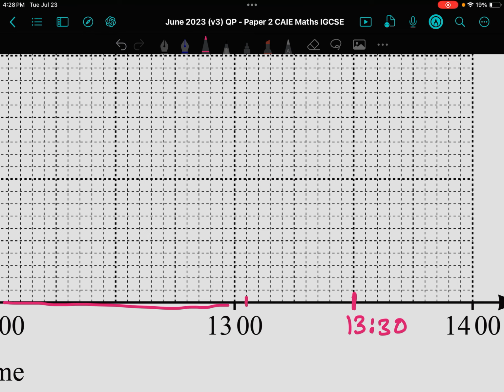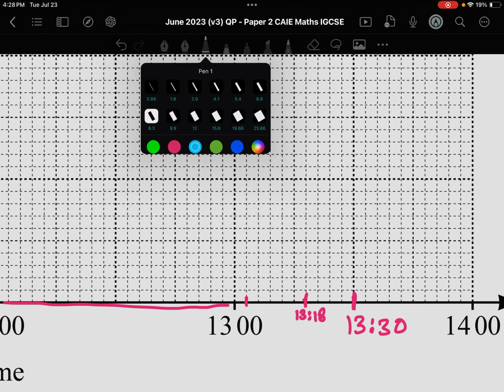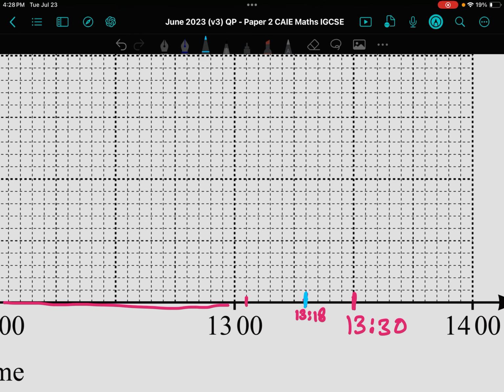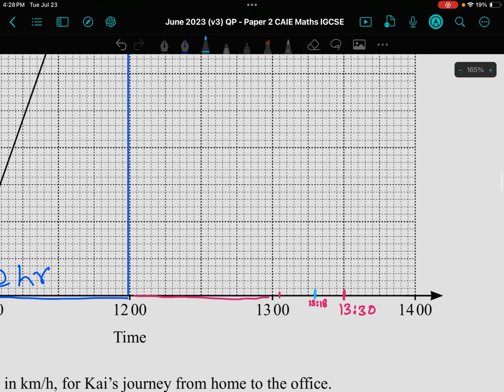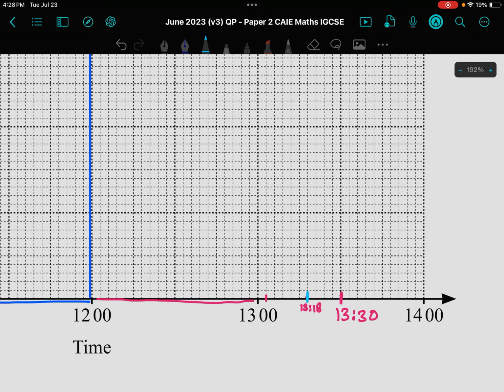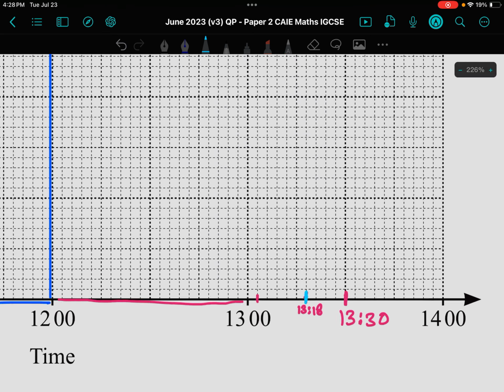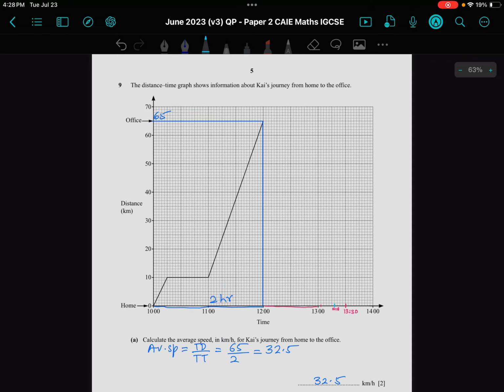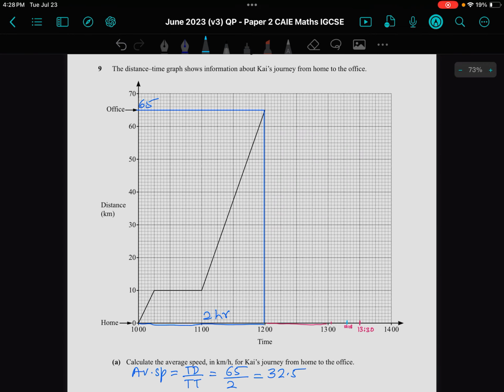That means 3, 1, 2, 3, 4, 5, 6. This will be 3 6s are 18. That means this is 13:18. This point. This point is 13:18. Okay. So now I'll draw a line from here till there.